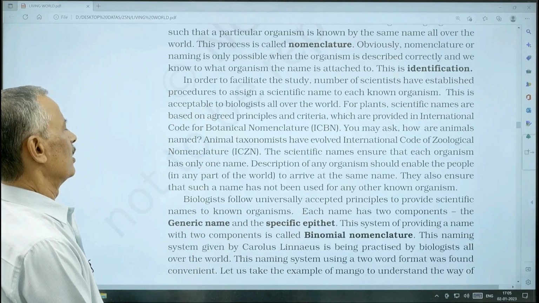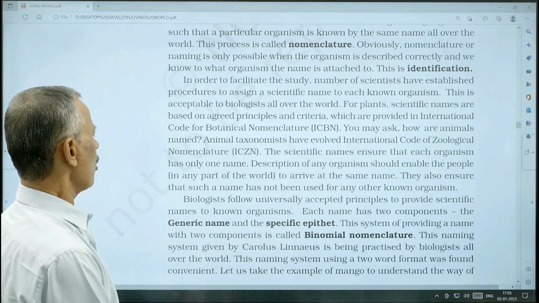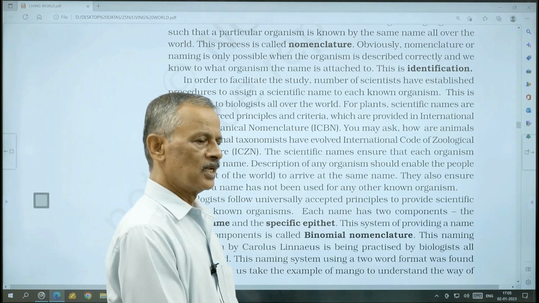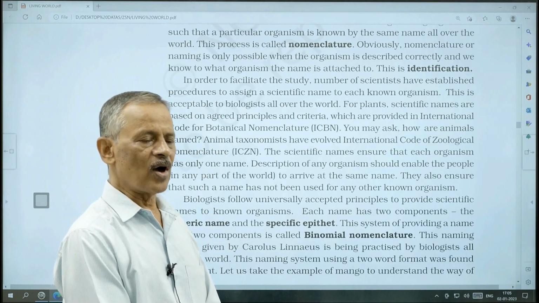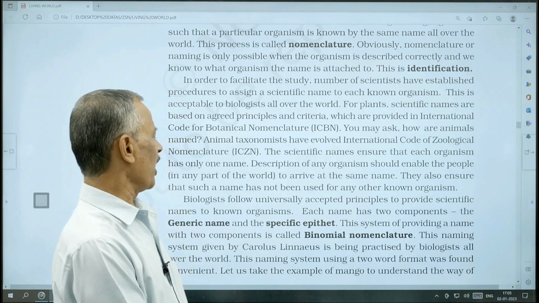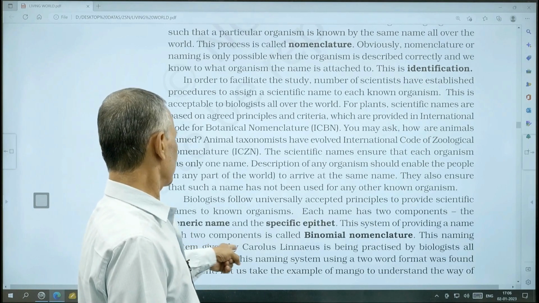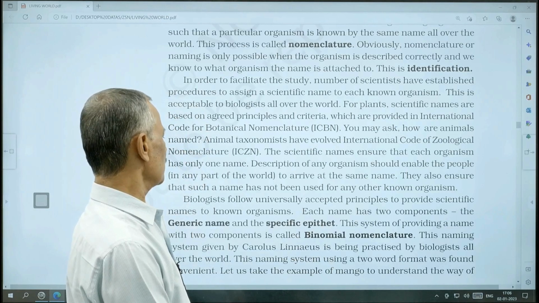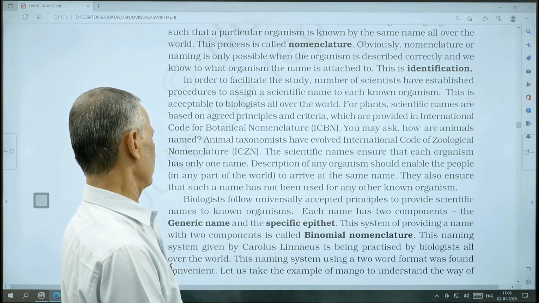Okay. This system of providing a name with two components is called binomial nomenclature. Carl Linnaeus is the father of this scientific nomenclature program. This system was given by Carolus Linnaeus. That is being practiced by biologists all over the world since this time.